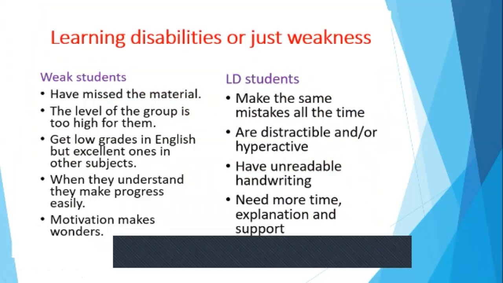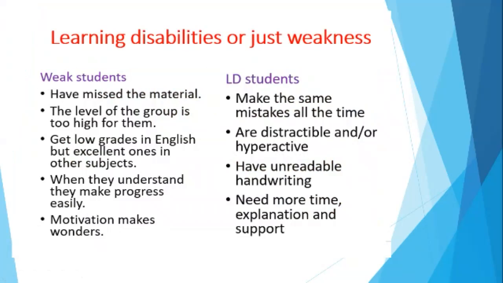Well, Beit Eckstein is a chain of schools for learning disabilities. But sometimes in regular classes, you can have both weak students or those who have disorders. What's the difference between weak students and those who have learning disabilities?